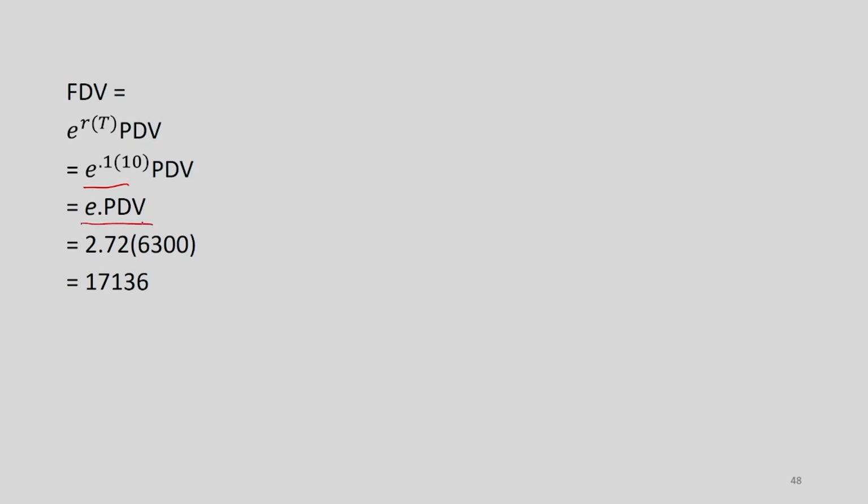So e multiplied by PDV, and e is roughly 2.72, and that boils down to 17,136. So you can see that there is a huge change in the value depending on whether we are talking about PDV or FDV.